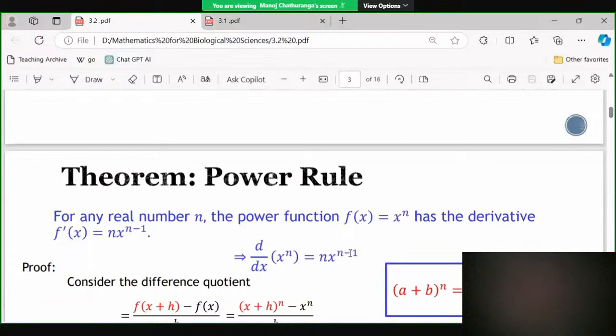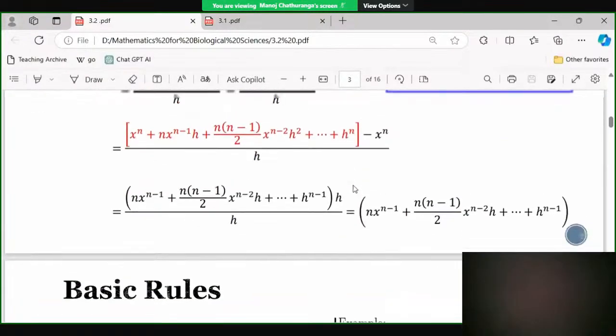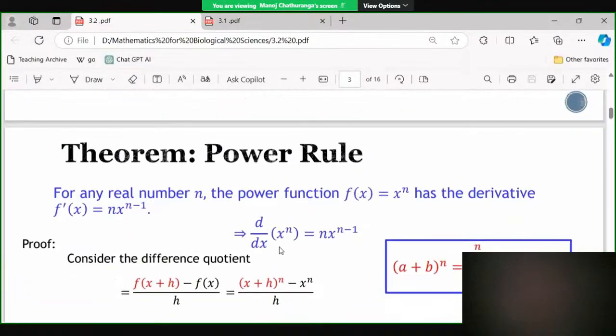If you know the reason, that's much better, but I don't think it is helpful. So let me skip that part. But keep in mind that this rule is one of the main important results we need. So the derivative of x to the power n is n x to the n minus 1.